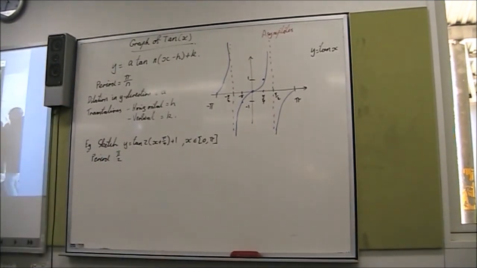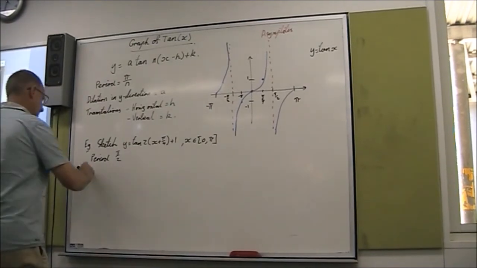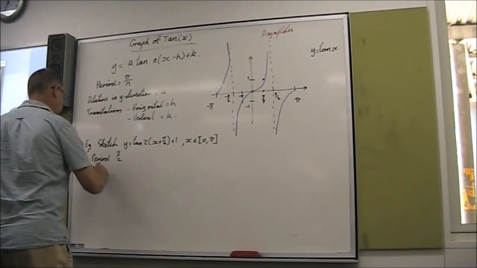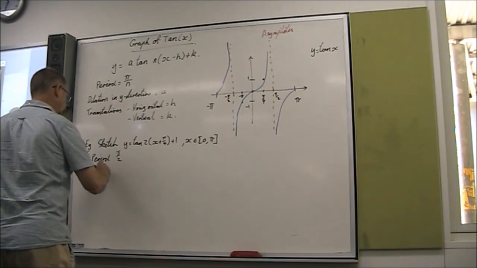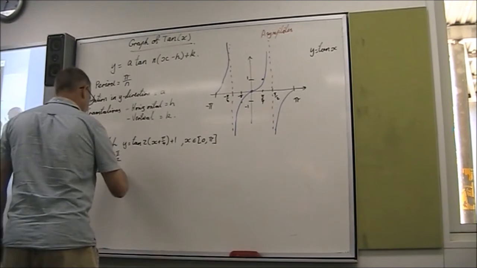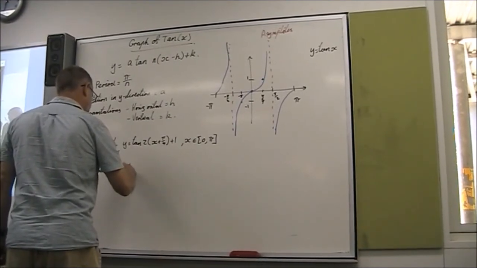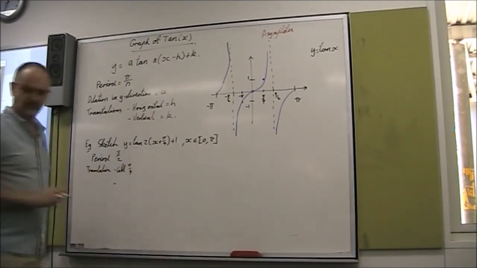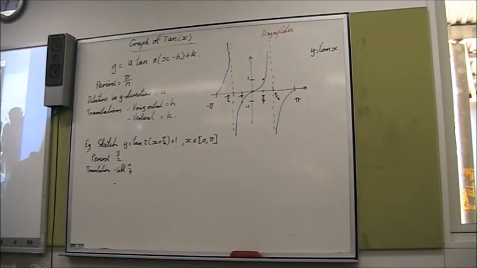Pi on 2 repeats. Translations. Pi on 4 to the left, isn't it? I know, don't worry. And up 1.